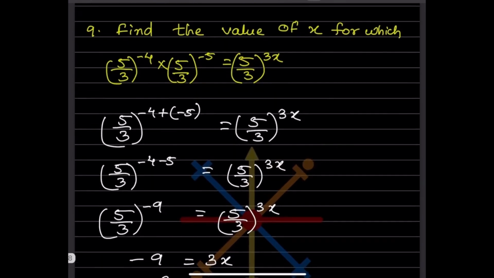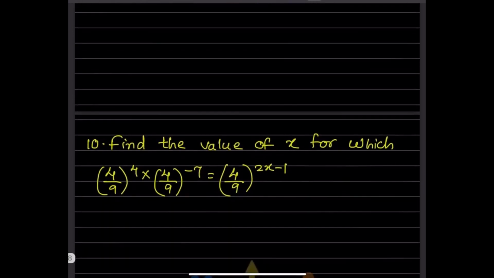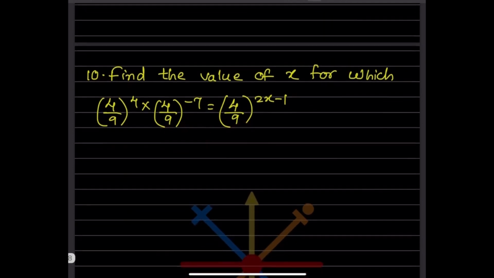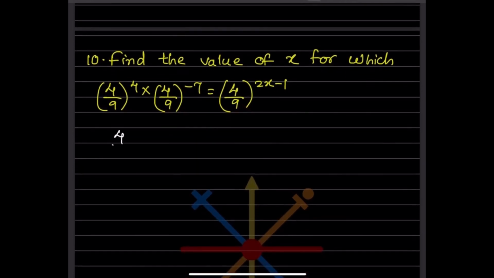They have asked the value of x. These are also some important problems. Many times they ask this type of problem, finding the value. So now look here, again the base is the same. First we are going to look at the left hand side. That will be 4 by 9 raised to 4 plus minus 7, the first rule.